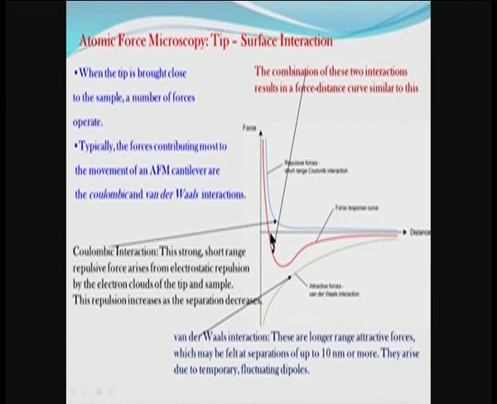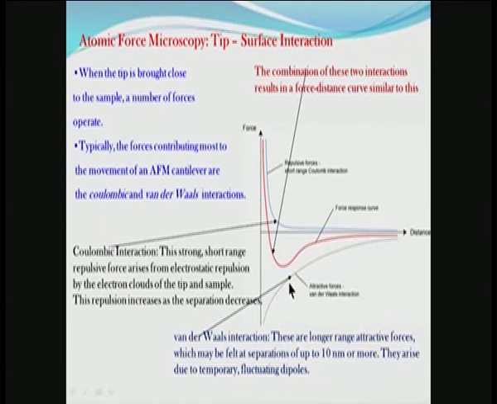So, this is the Coulombic repulsion. It is a short range interaction, and the repulsive force arises from the repulsion between the electron clouds within the tip and at the sample surface. This repulsion increases rapidly when the separation is reduced.